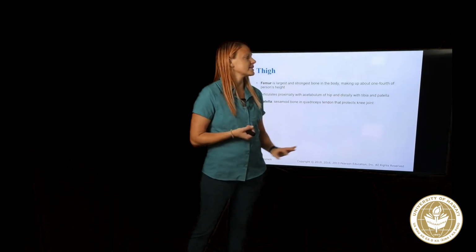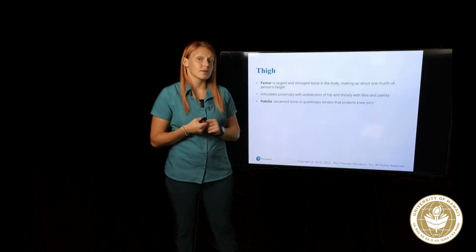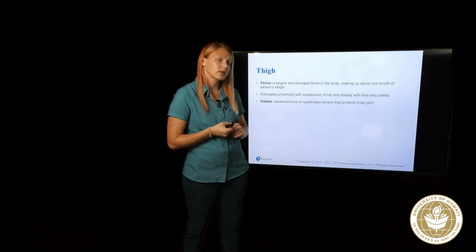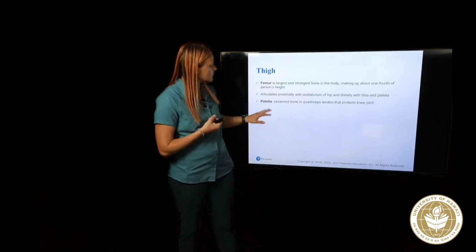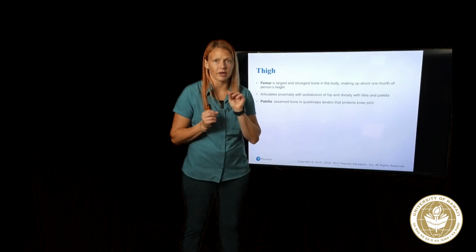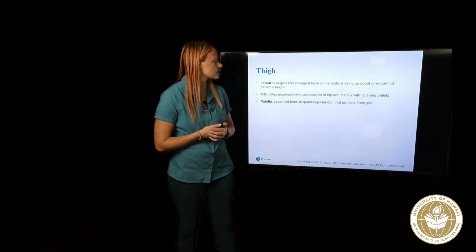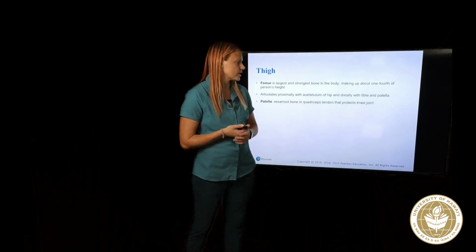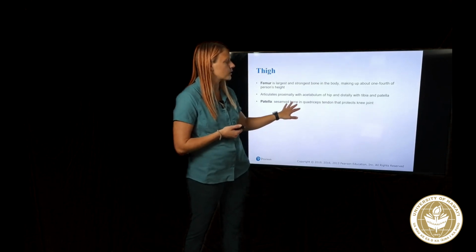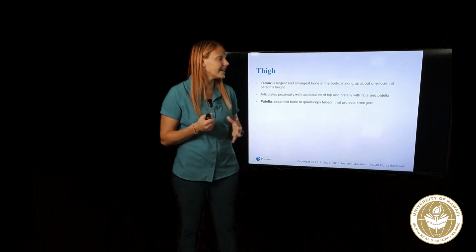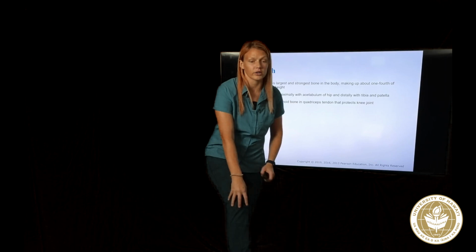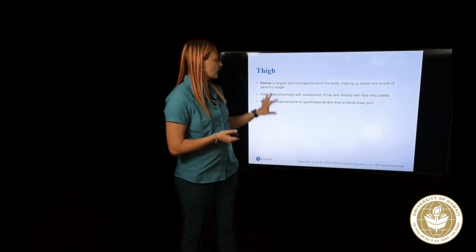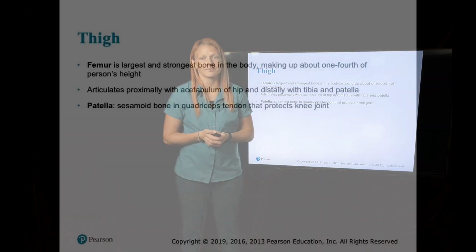And then it articulates distally with our tibia and our patella. And that patella is going to be a sesamoid bone. We talked about that a little bit back in chapter 6. In that quadriceps region, it's a sesamoid bone in that quadriceps tendon that's going to protect our knee joint, right? So that's going to be our thigh. We'll look at the actual images on the next slide.